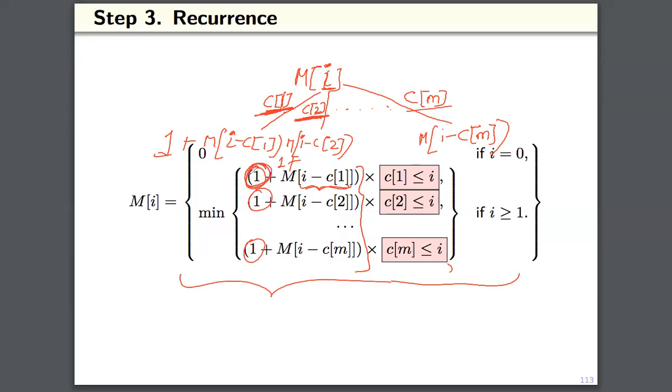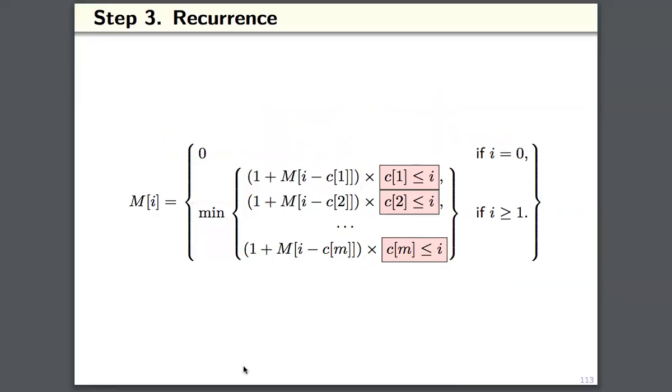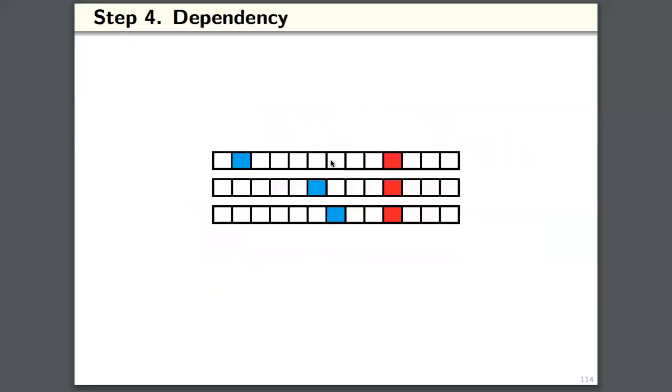In every case, you're adding 1. And your aim is to minimize the number of coins, so a min. Done, right? So that's your recurrence.